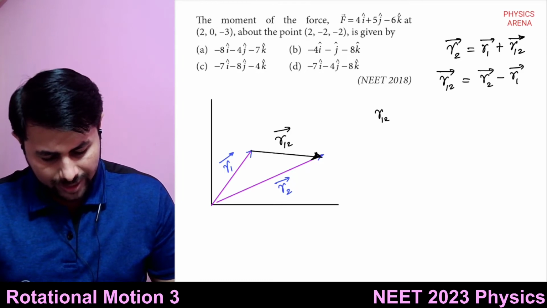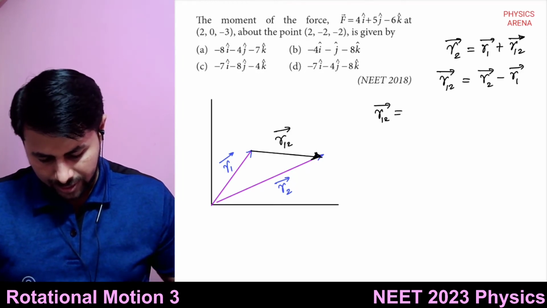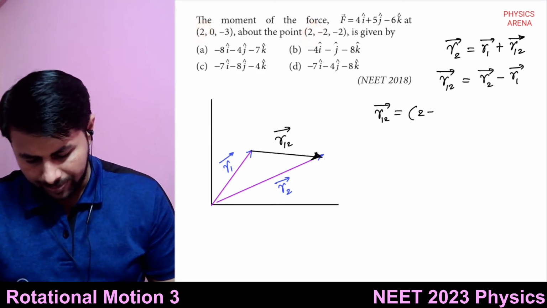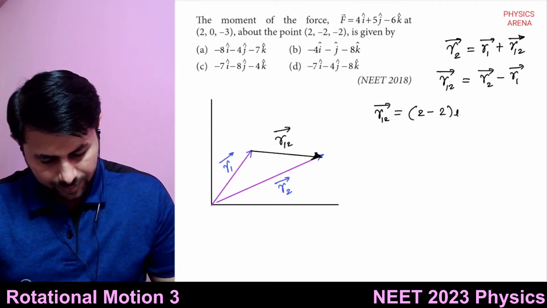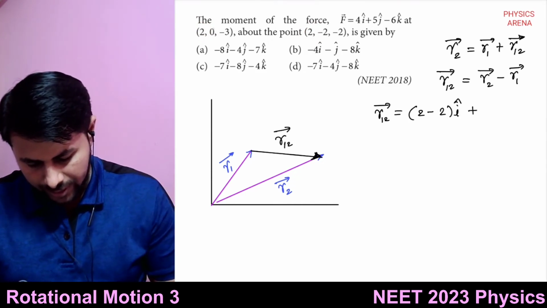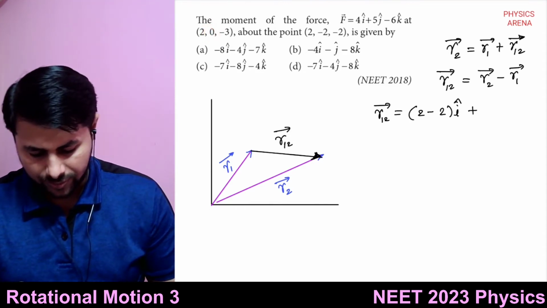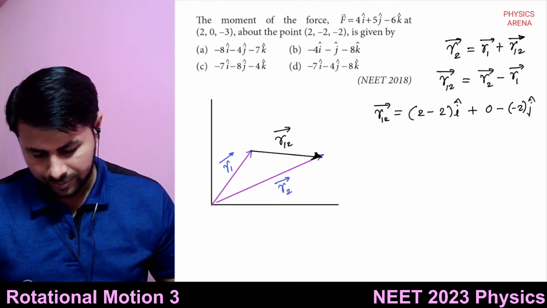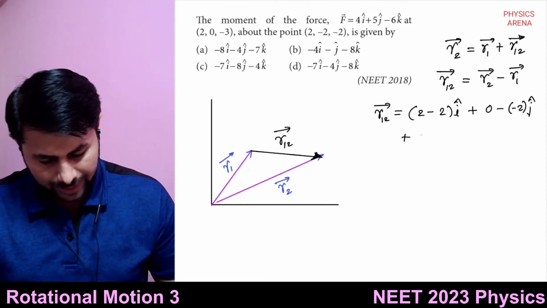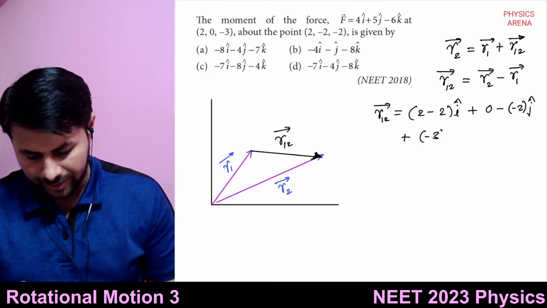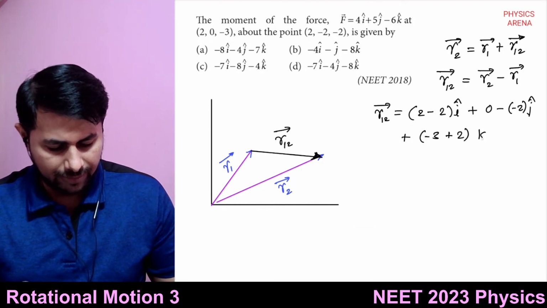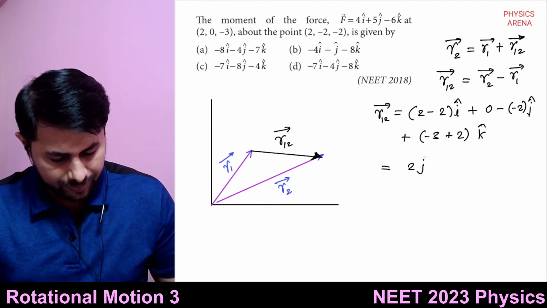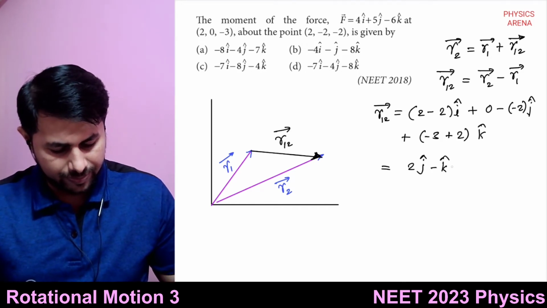We get R12 bar equal to what? (2 minus 2) i cap plus (0 minus minus 2) j cap plus (minus 3 minus minus 2, or minus 3 plus 2) k cap. So that is 0 i cap, 2 j cap and minus 1 k cap.